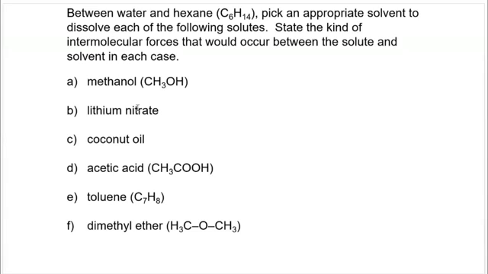And you also have that carboxylic acid group, which is very polar. So it will look like this. So that's the acetic acid structure, and it will be polar and dissolve in water. Toluene is a hydrocarbon, so you're only going to have hydrogens and carbon. It's going to be a nonpolar structure, so it will dissolve in hexane.